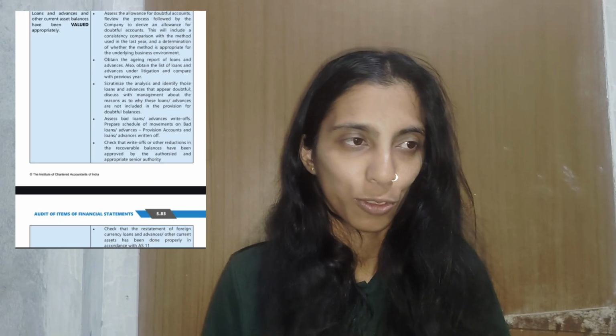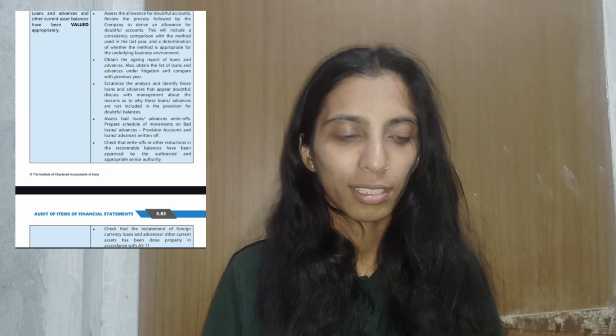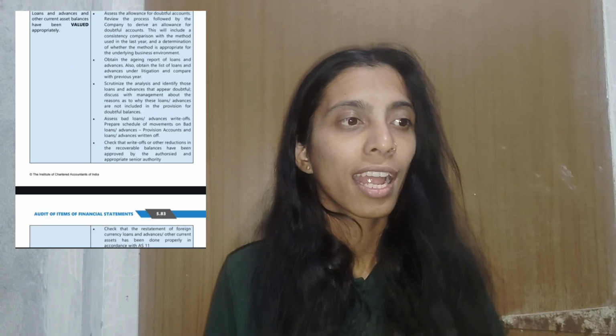So how to remember what the examiner asked in the examination? You need to learn those words so that you can identify the question in the exam and write it. So loans and advances, obviously we are talking about loans and advances and other current assets and balances have been valued appropriately.